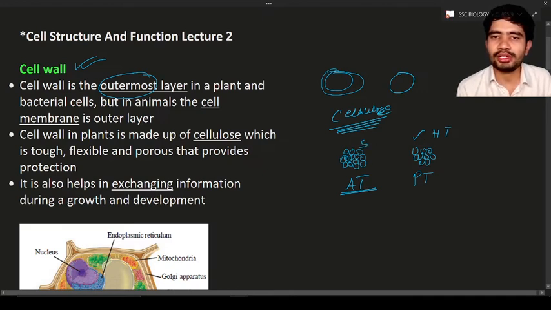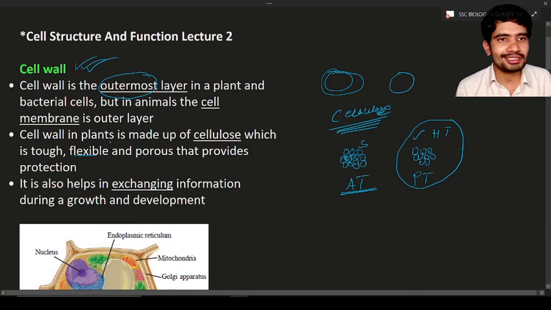One of the main reasons is the cell wall. Due to the presence of the cell wall, the plant tissue is a little tough, and at the same time it is flexible. If you bend most plants, they come back to the normal position after you release the pressure.